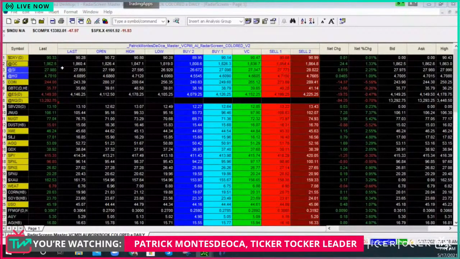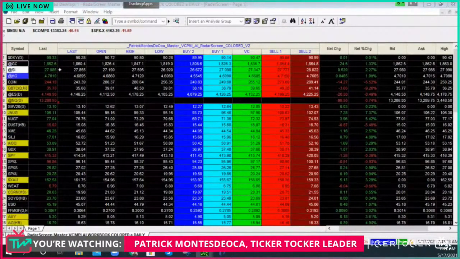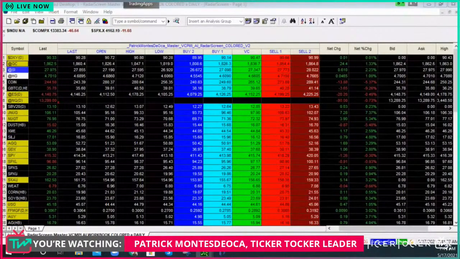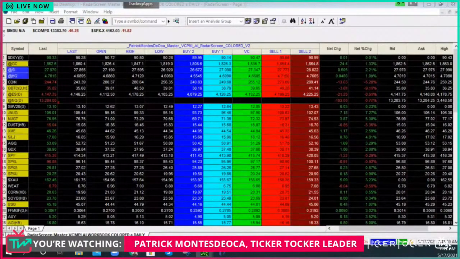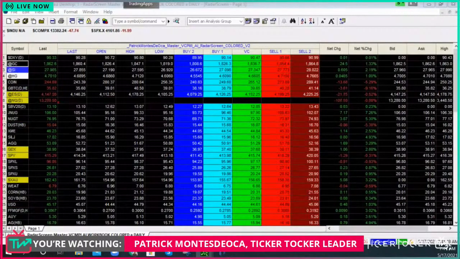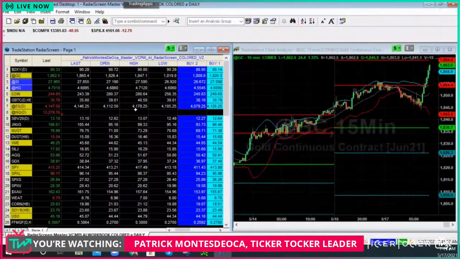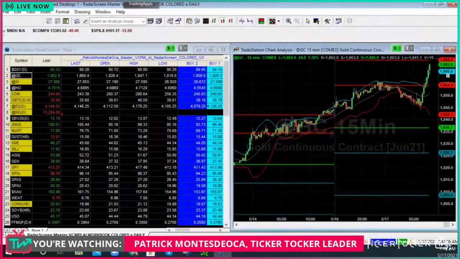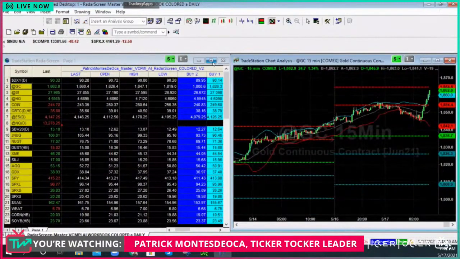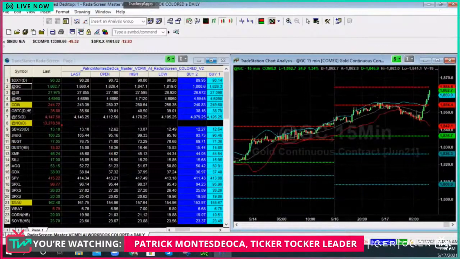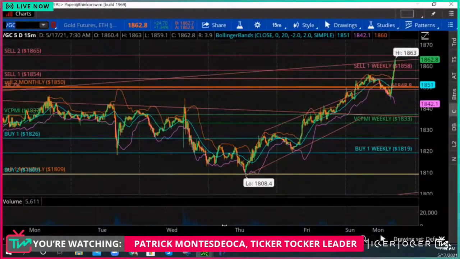$98.50 trading in the silver market here. Making new high here, almost on gold again, 62.90. $65 is the target.